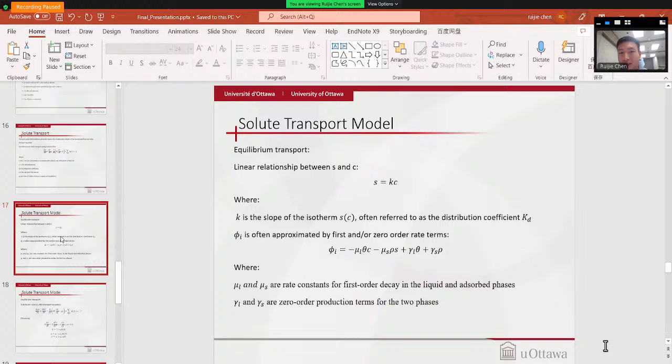Yes. We need some submodels to represent those terms.